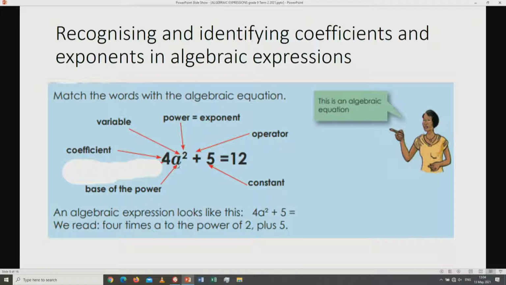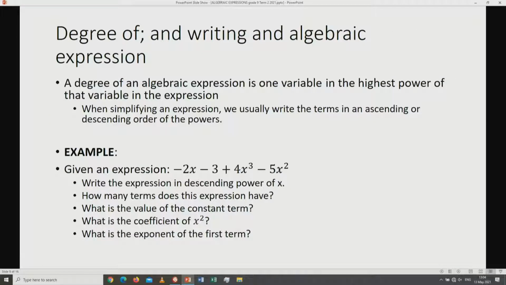And then plus 5, 5 is a constant. We'll actually do more of this so that we can see how these things are done. I'll do an example with you now.